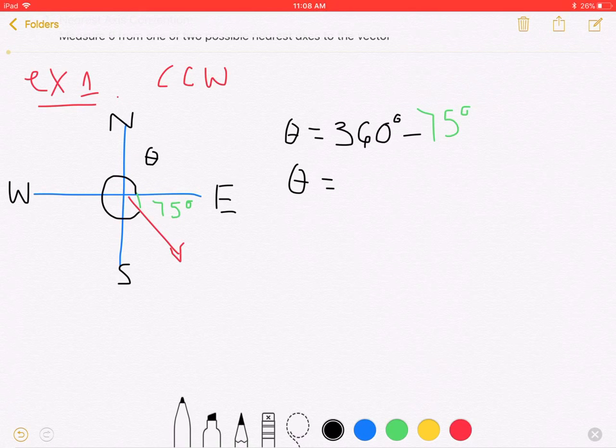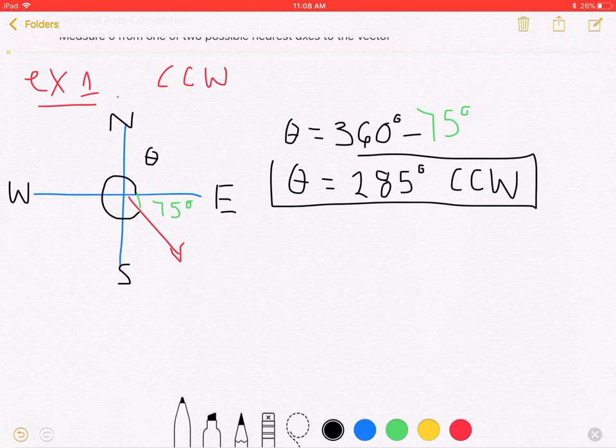So our theta here is going to be 285 degrees counterclockwise. Okay, so we measured the direction of our vector from the positive x-axis to our vector. We label that CCW, counterclockwise. Okay, let's try another example.